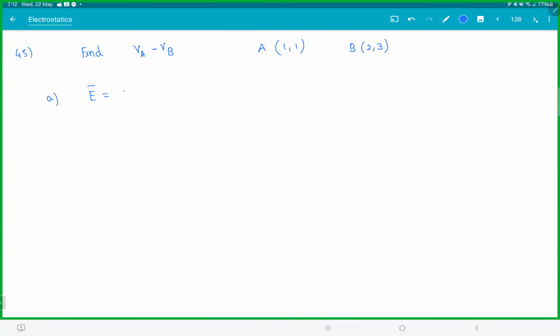Let's say the field is x i cap plus y j cap. Another field is y square i cap plus 2xy j cap. So now the electric field is not constant. The electric field is changing in the region as x and y. So for these electric fields, find the potential difference between A and B.